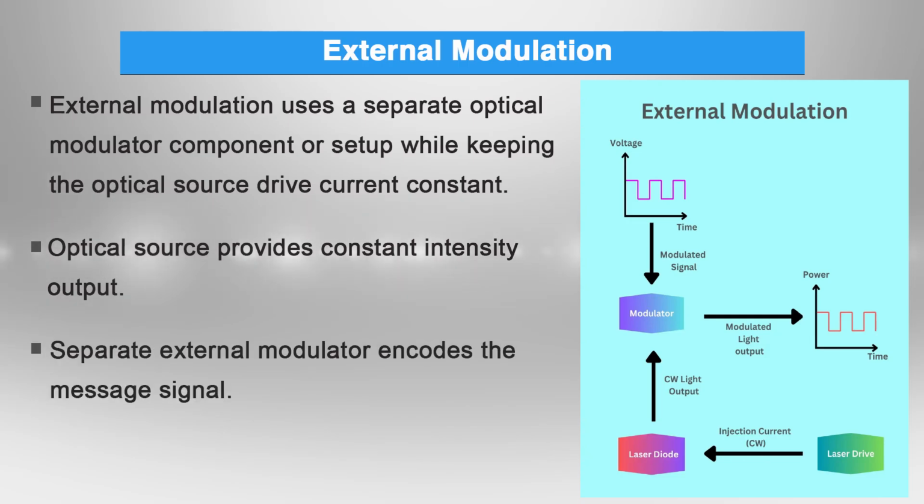A separate external modulator encodes the message signals and it enables the independent optimization of optical source and modulator. It has high modulation speed and bandwidth. Similarly, it has lower noise and a greater choice of modulation type.